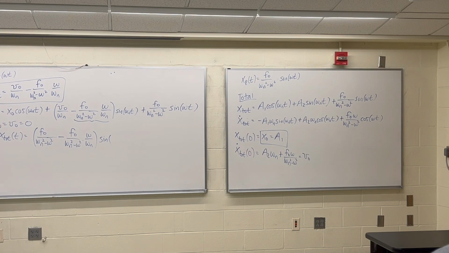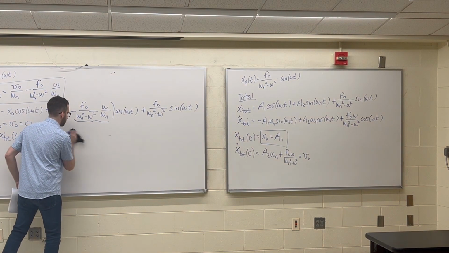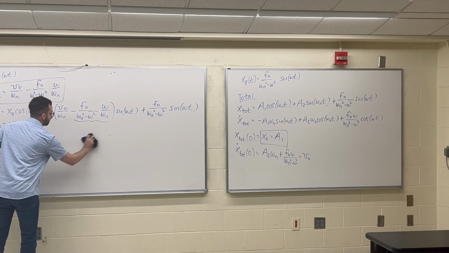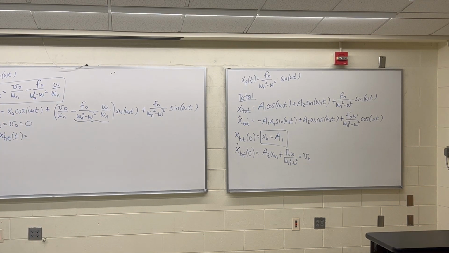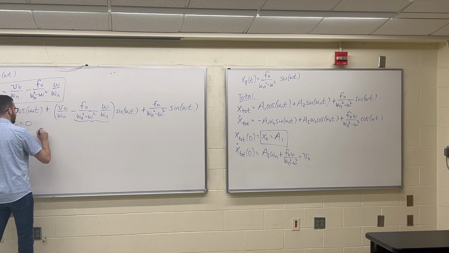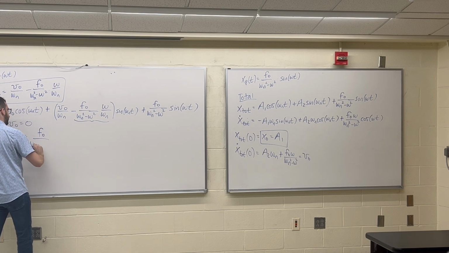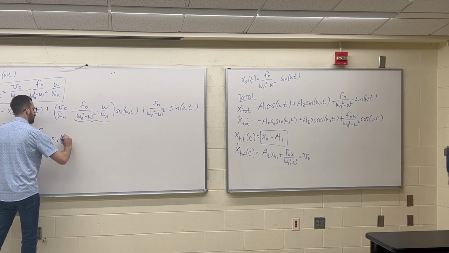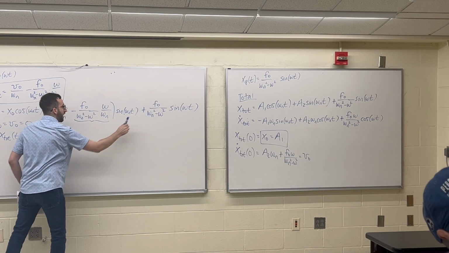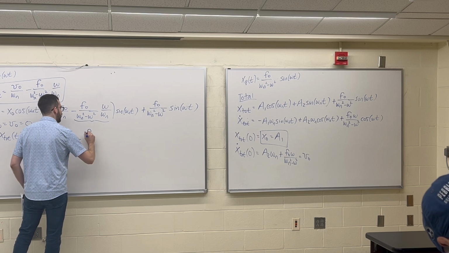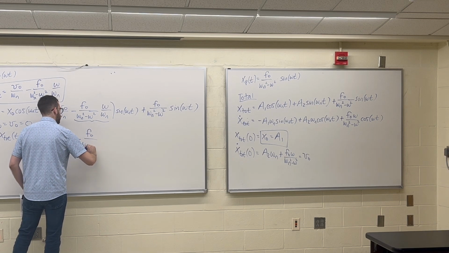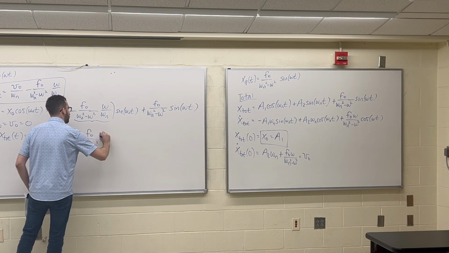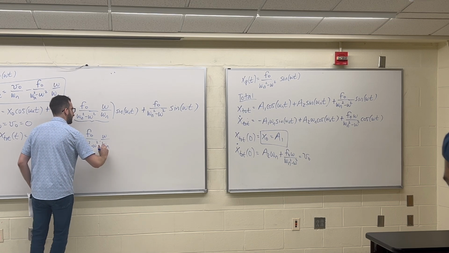That's not correct. They're different signs. Sorry, guys. What am I doing? Let's just write it out fully. So the term due to the driving frequency minus the term due to the natural frequency of the system.